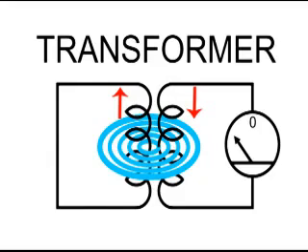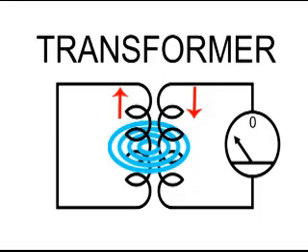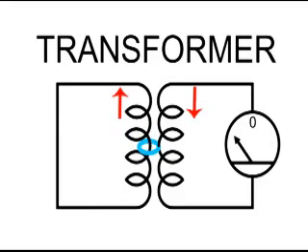Now if we could instantly replace the battery with a wire in the primary, notice that the currents on both sides have reversed. And as the magnetic field decreases and then finally dissipates, there is no current flow again in the secondary of the transformer.